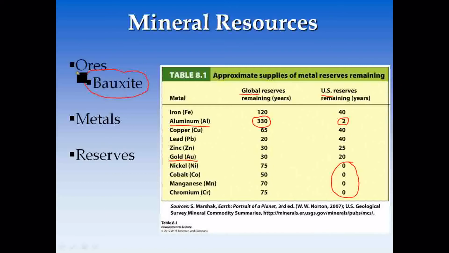This is the ore that we mine principally to get aluminum. The actual aluminum itself is very rare elementally, but it's usually found in compounds like bauxite. So we mine the bauxite and then process the bauxite to get the aluminum out.